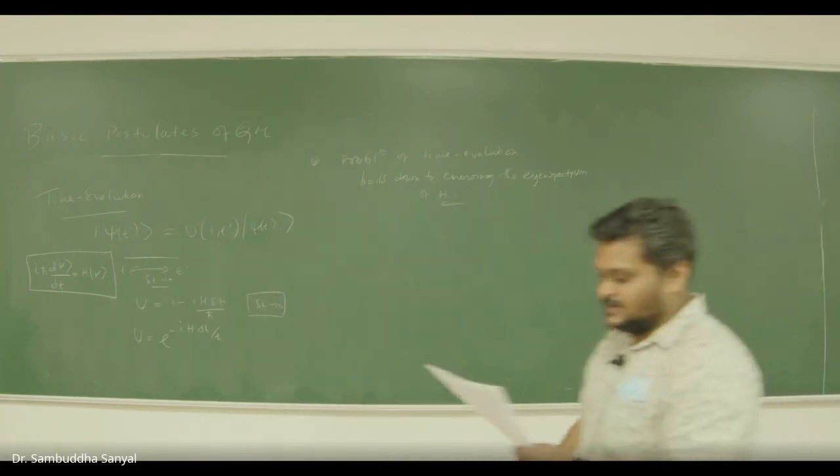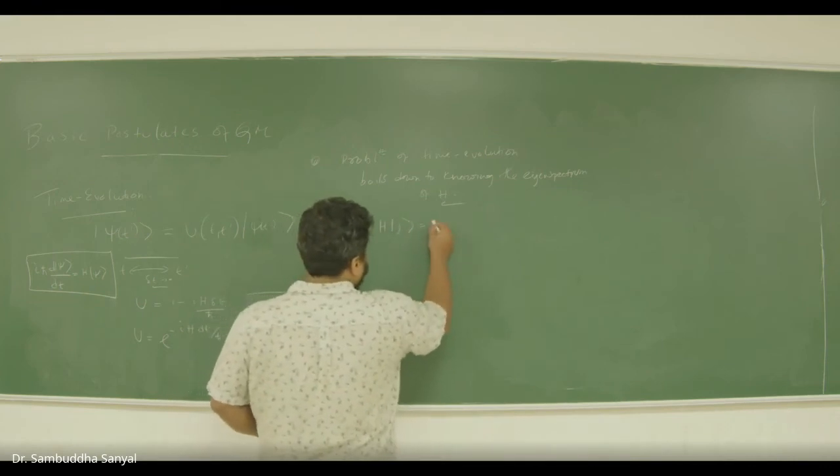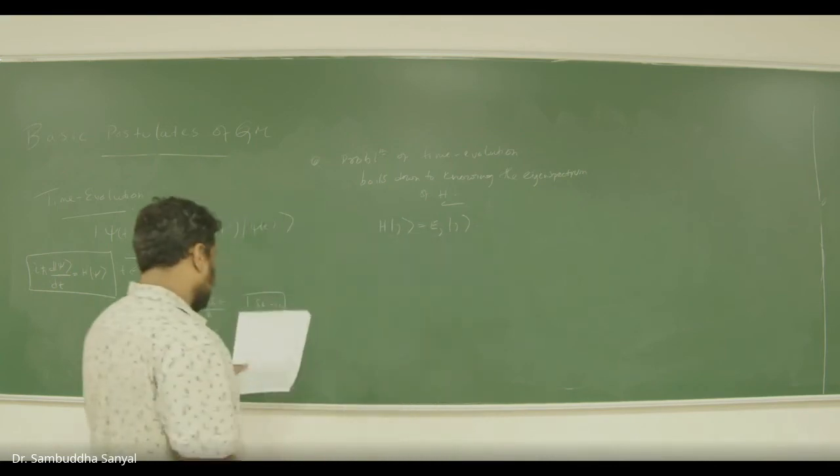That's the meaning of eigenspectrum. Okay. So H acting on phi j is E j phi j. Okay. That's what you need to know.